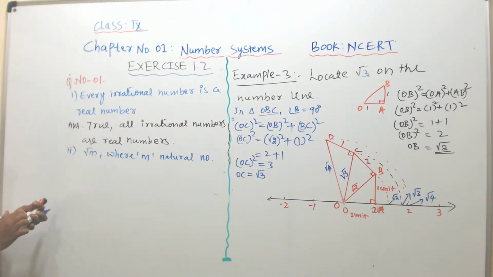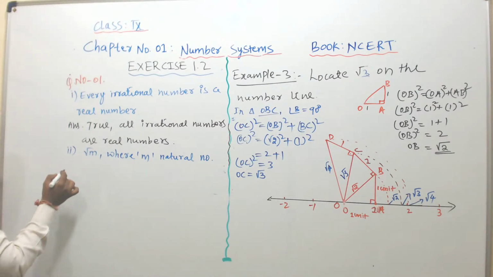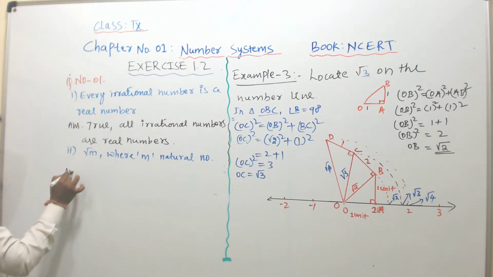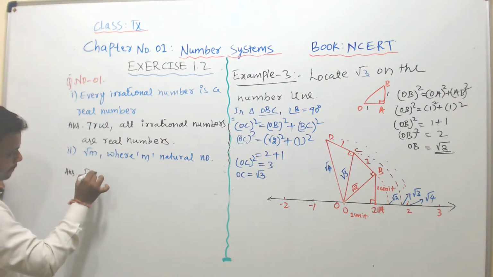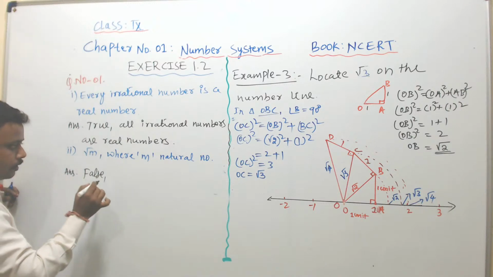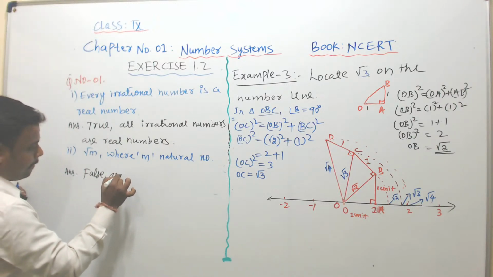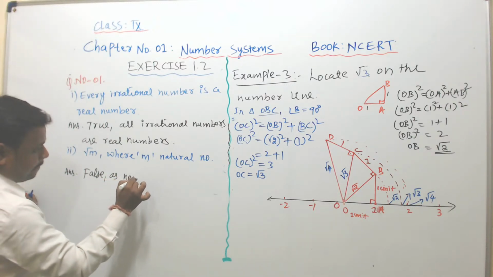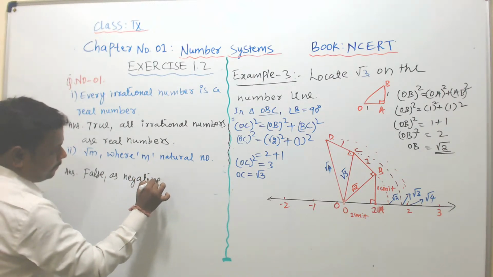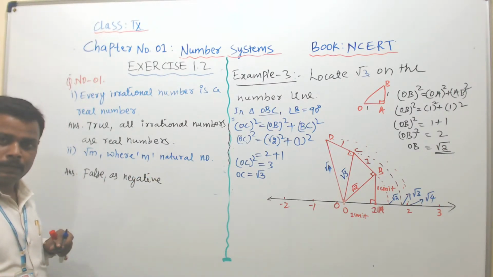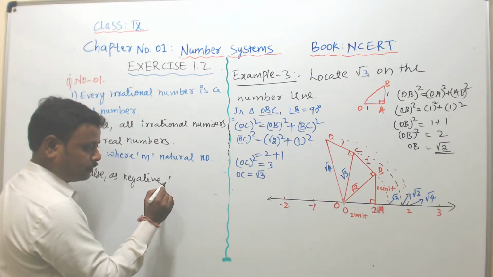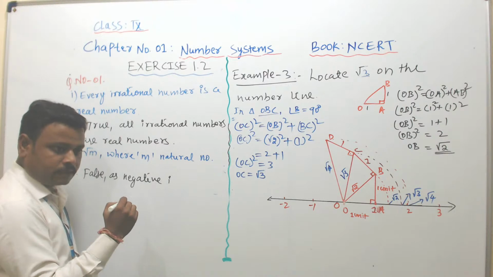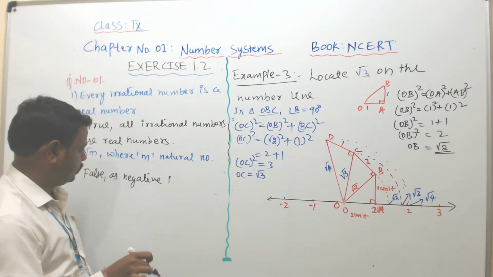So the statement is false, because the square roots of negative integers are not natural numbers.